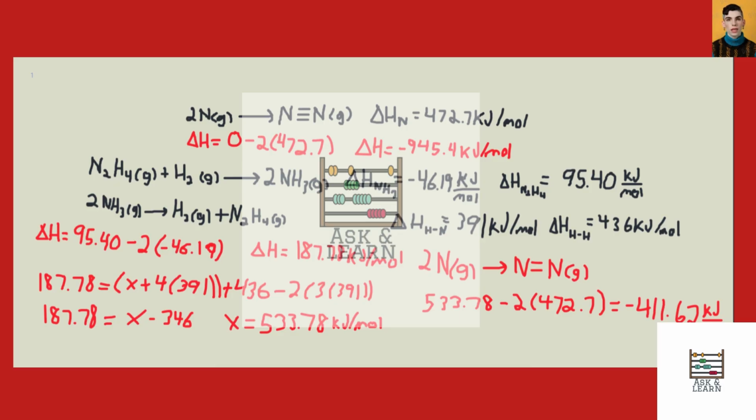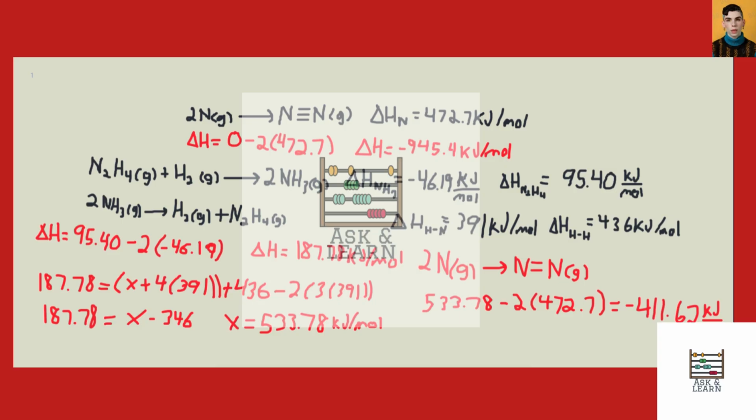So we can see that this delta H is more positive than this delta H value. Based on that, forming a triple bond is a more spontaneous and more favorable reaction than forming just your double bond.